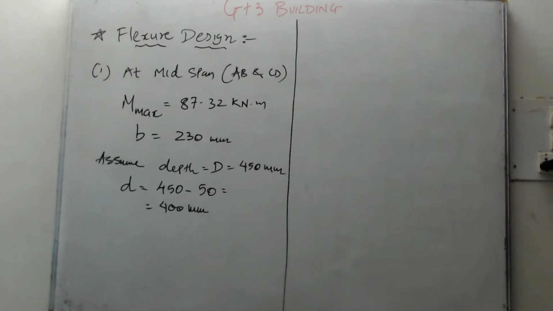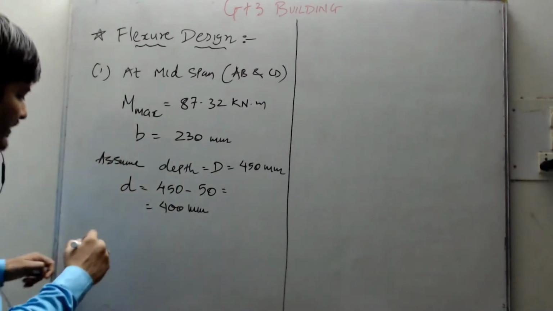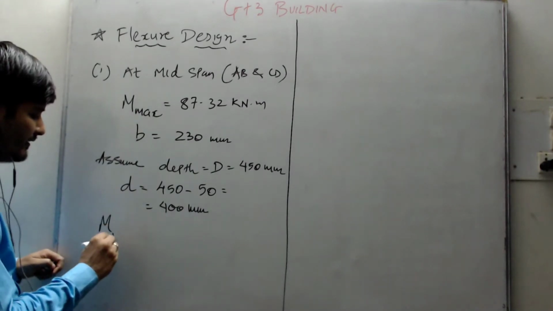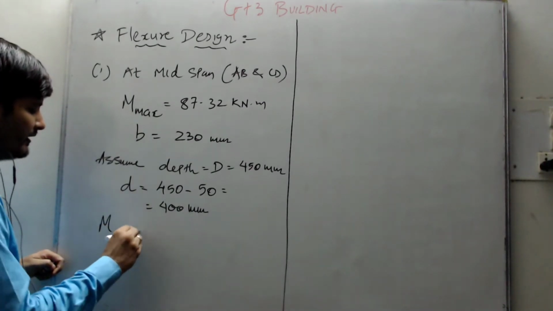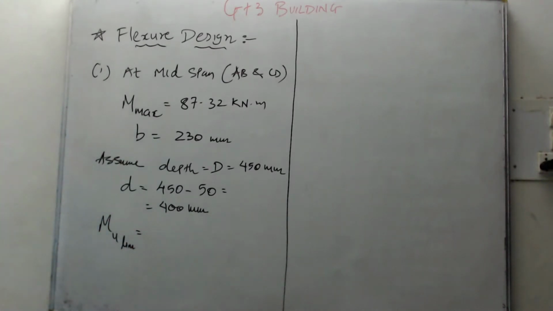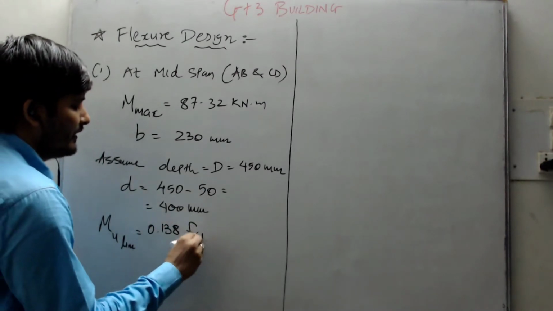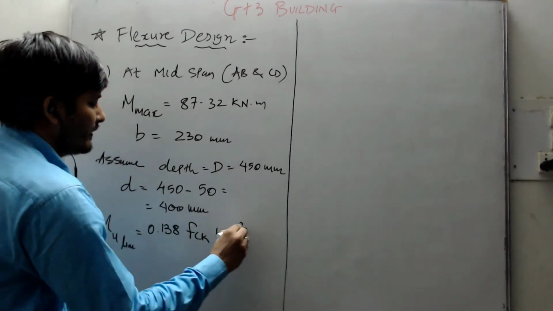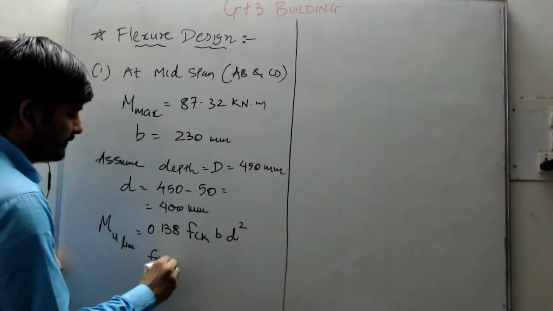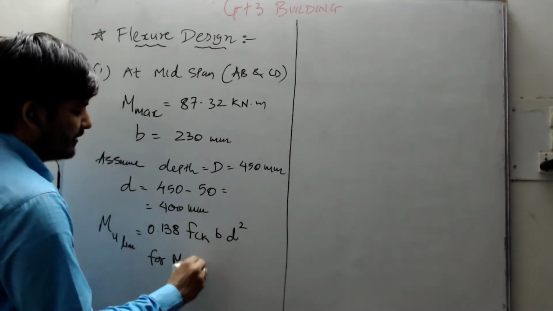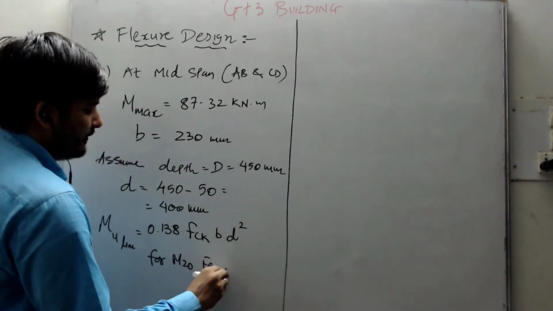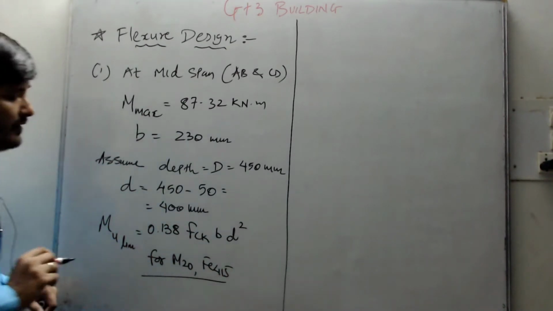Then if you remember, for M20 grade and Fe415 grade steel, Mu limiting value is 0.138 fck b d square. This is for M20 and Fe415, as you can see in the data.